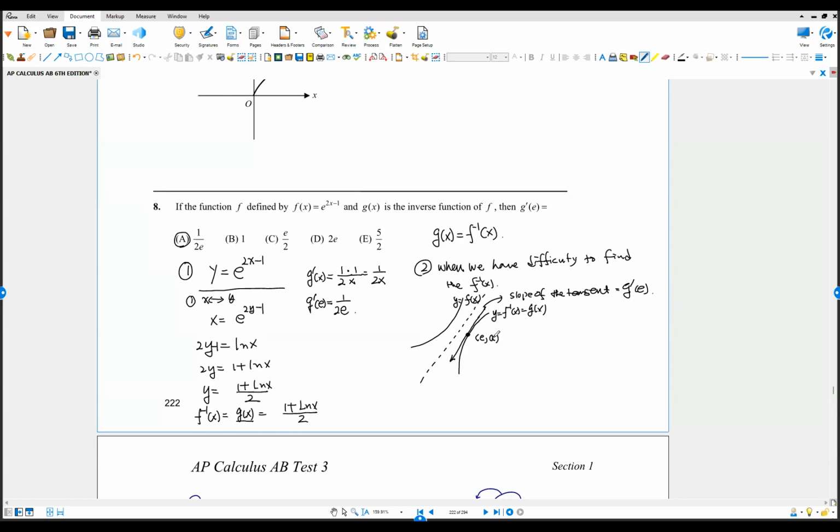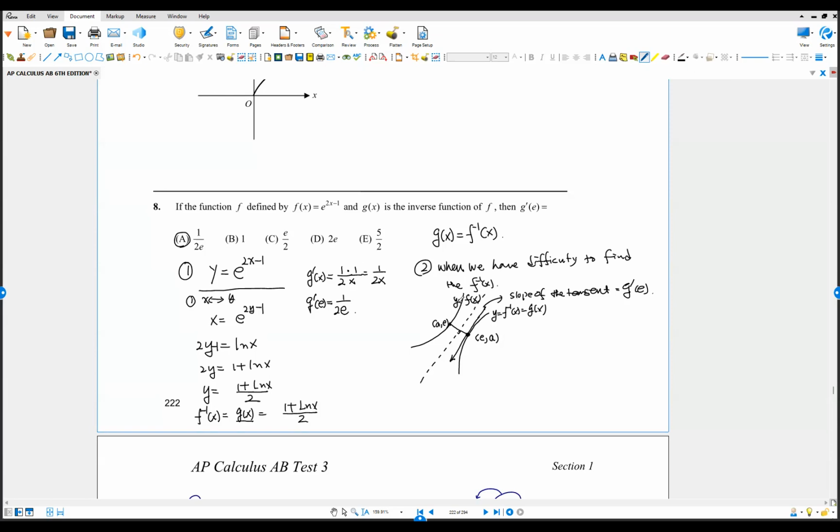We have the corresponding point on the other original point, a and e, always perpendicular this way. There is a switch here. A and e, that's the corresponding point on the original graph.